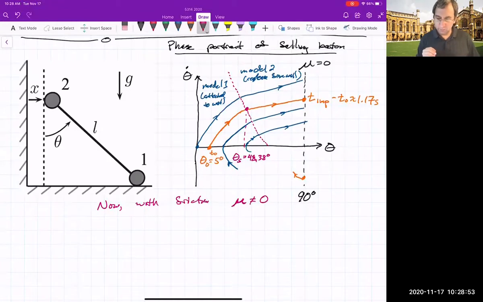Well, what equilibrium point did we have here? All we had for the equilibrium point was theta equals 0 and theta dot equals 0. So now that equilibrium point is going to grow into a band.